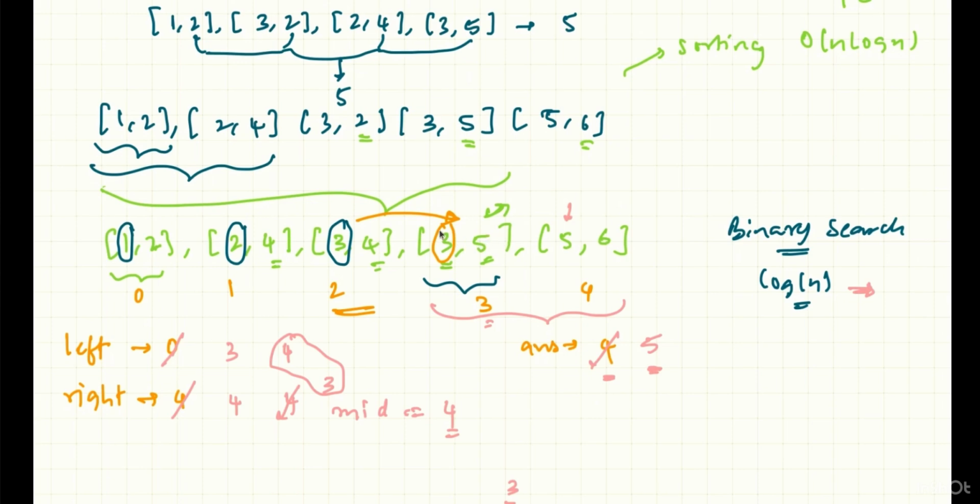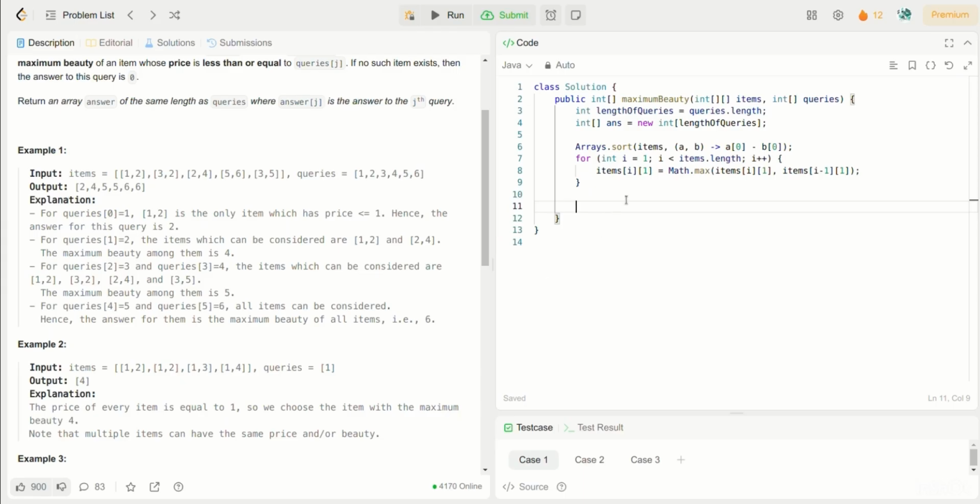Now I have to loop through my queries and identify the maximum beauty which I can get. So let's just iterate through my queries.